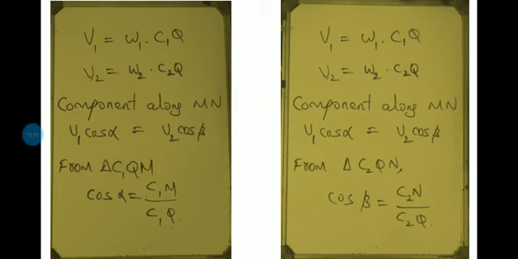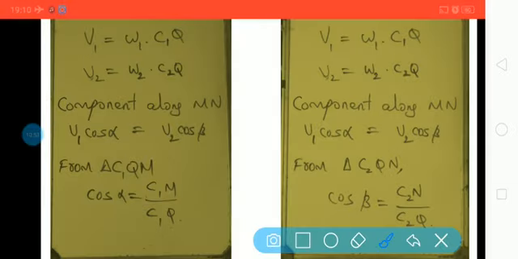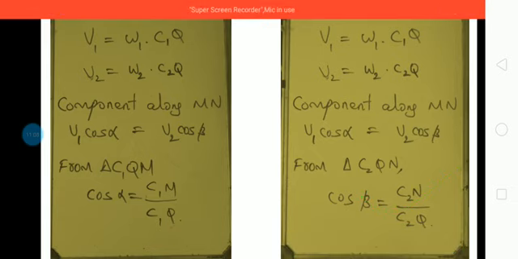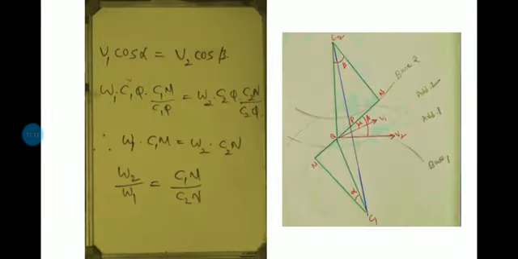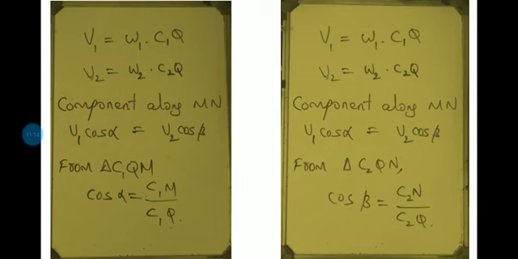So cos alpha is C1M by C1Q and cos beta is C2N by C2Q. Note all these. Then you substitute these values into the previous equation.